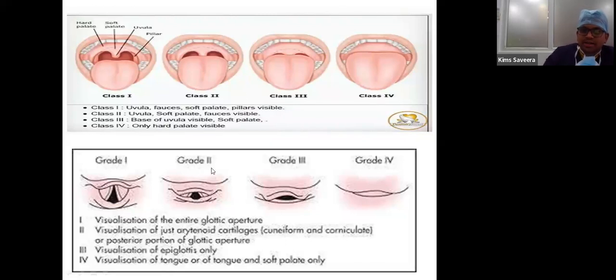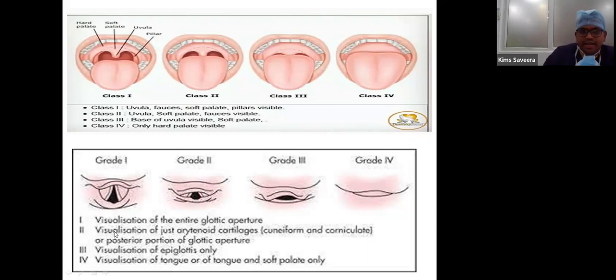And this is the Cormack-Lehane grading, where we do direct laryngoscopy, and then based on visualization of the cords, it is graded. In grade 1, we can see the entire epiglottis and the entire aperture of the vocal cords. In grade 2, we see just the arytenoids.